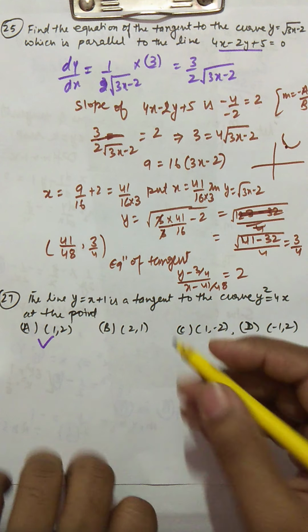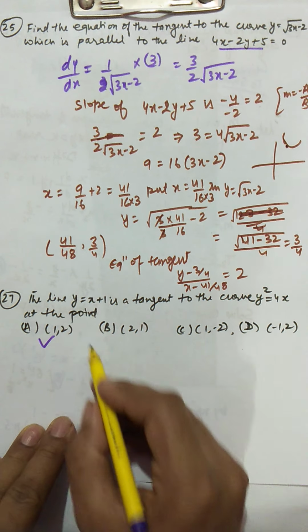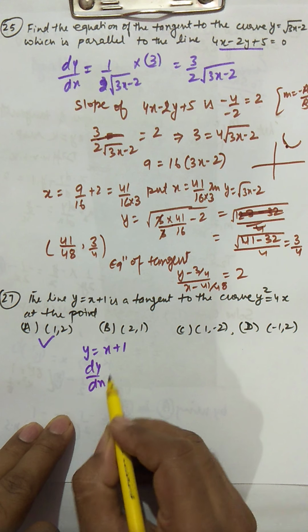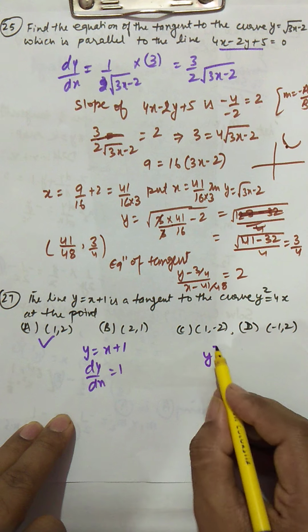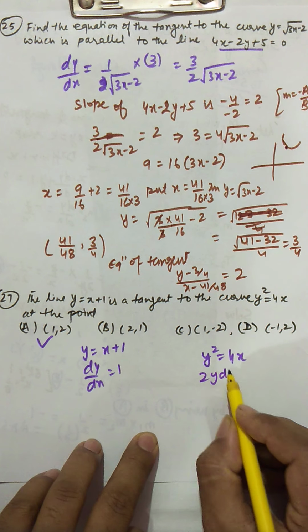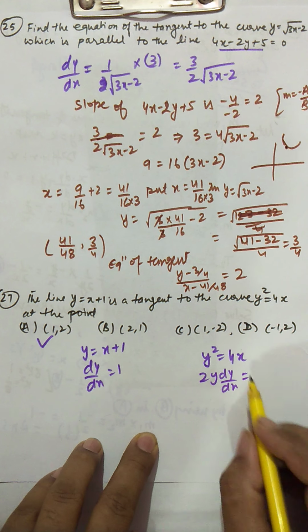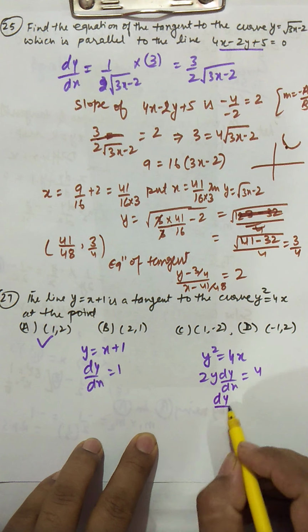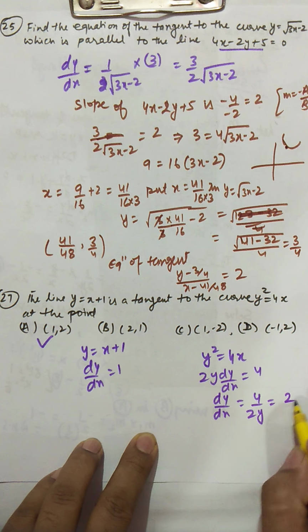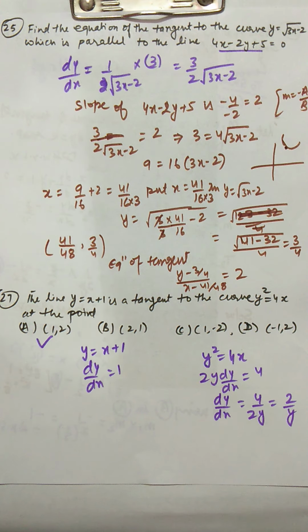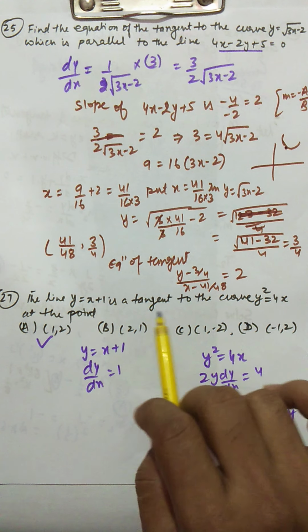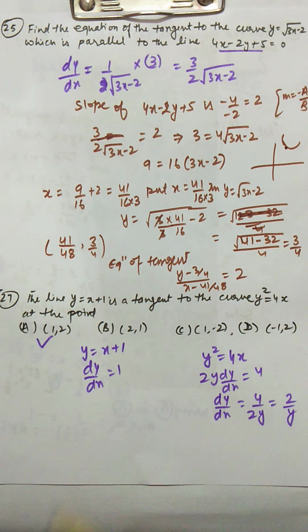Or if you want, you can do the slope of y equal to x plus 1. The slope, dy by dx of this, will be 1. And for y square equal to 4x, you can find the slope of this also: 2y dy by dx equal to 4, so dy by dx is 4 upon 2y, which is 2 upon y. Since the line is a tangent to this curve, the slopes are the same.